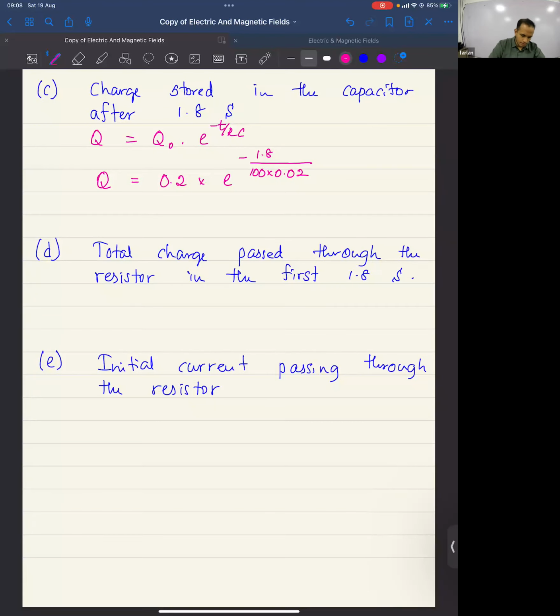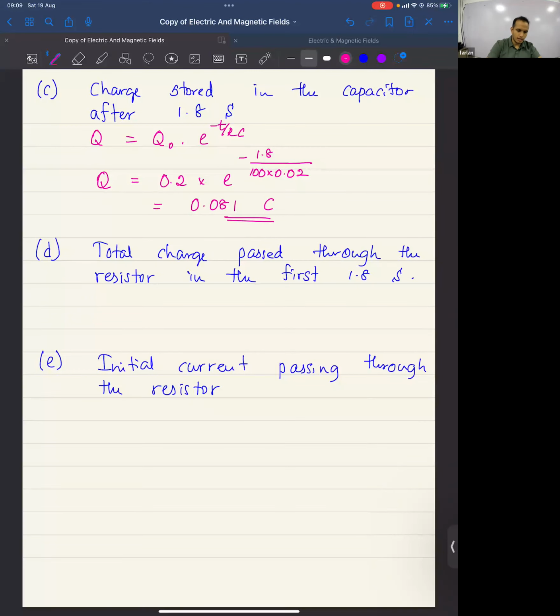Okay, that will be 0.081 coulombs. We had got it in coulombs; if we had taken it in millicoulombs, it would have been 81.3 millicoulombs.